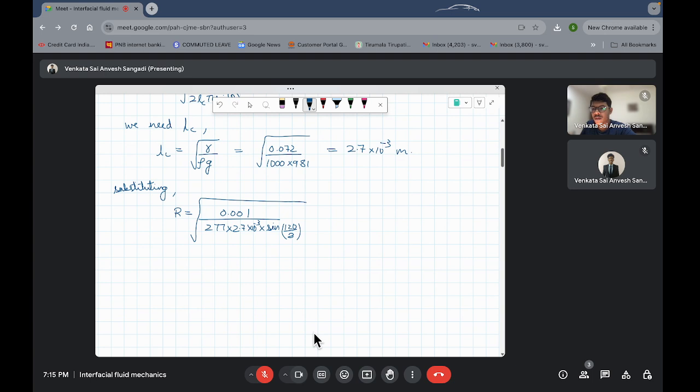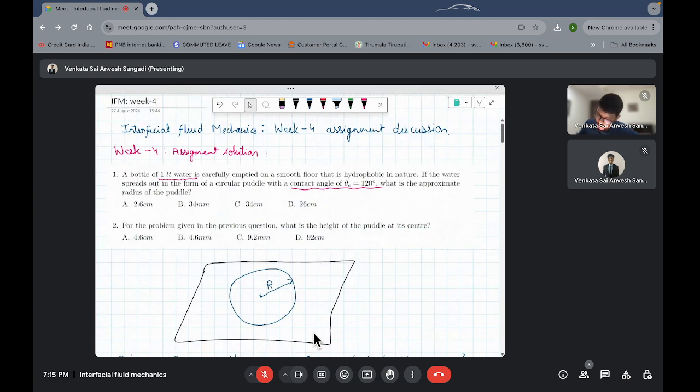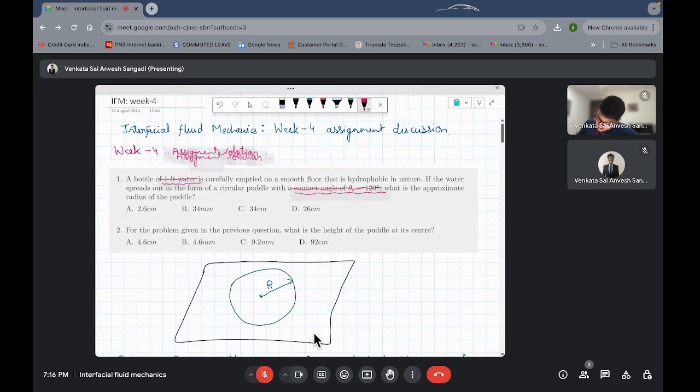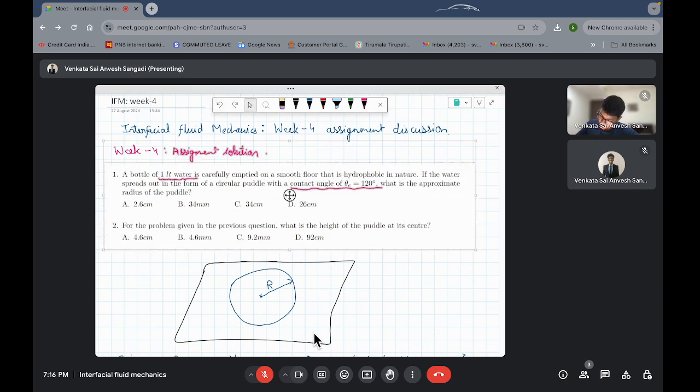If we solve for this, we get R is equal to 26.08 centimeters. Therefore the correct option is D.